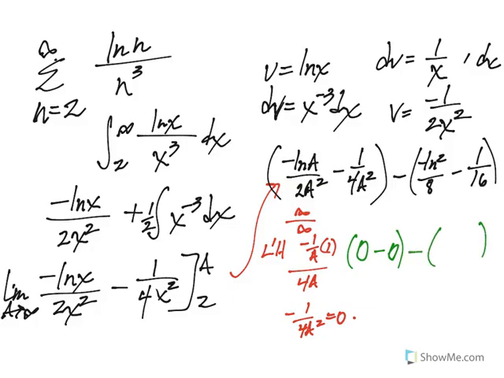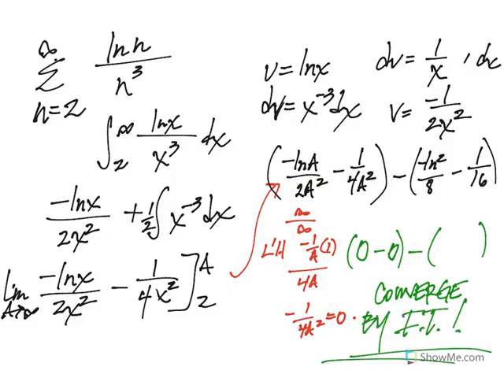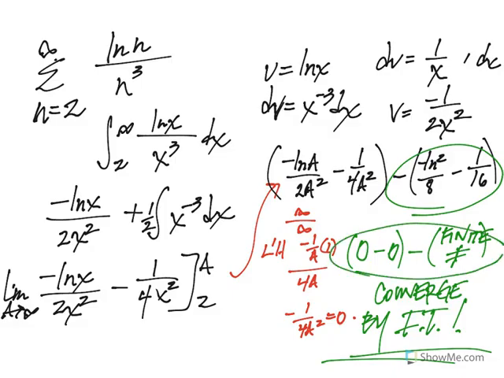Minus some finite number. So this will converge by the integral test. By the way, it doesn't matter really what this finite number is, because remember, they don't converge to the same value. What we're finding here in green is actually the numeric value of the area beneath natural log of x over x cubed.